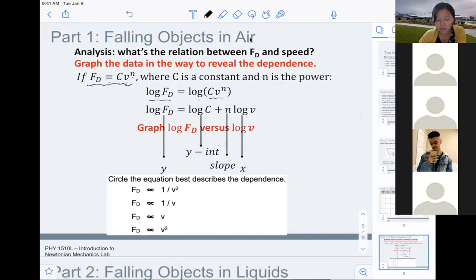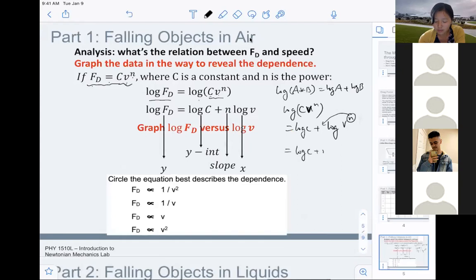We can separate that: log of a times b is log a plus log b, right? So c times v to the power n becomes log c plus log v to the power of n. And this power of n can be changed to n times log v.